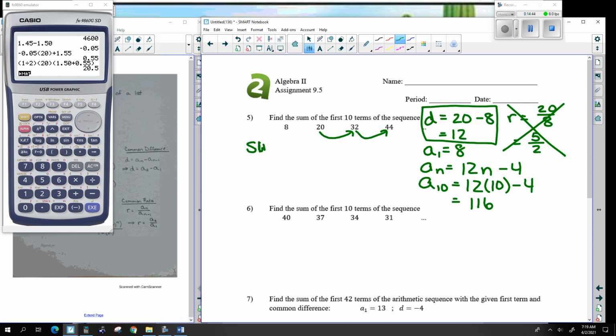So the sum is 1/2 n, first number plus last number. This is going to be 1/2 of 10 terms, first number plus last number.